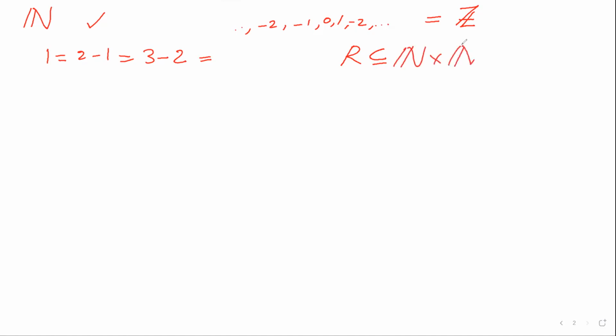Exactly. So let us take a subset of N cross N, because our A is N. So it's a relation, and as Siddharth said, it is reflexive, symmetric and transitive.